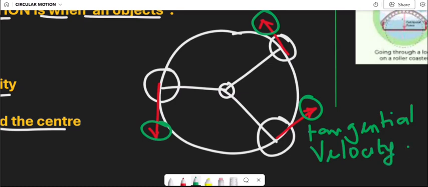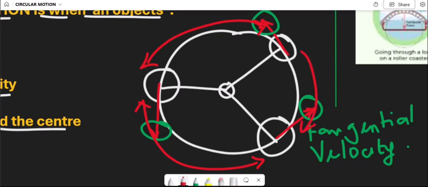What else do we observe? We observe that there's a constant speed between the initial position and the final position. So that is what we call constant speed. And lastly, we observe that there's a center about which the object moves.